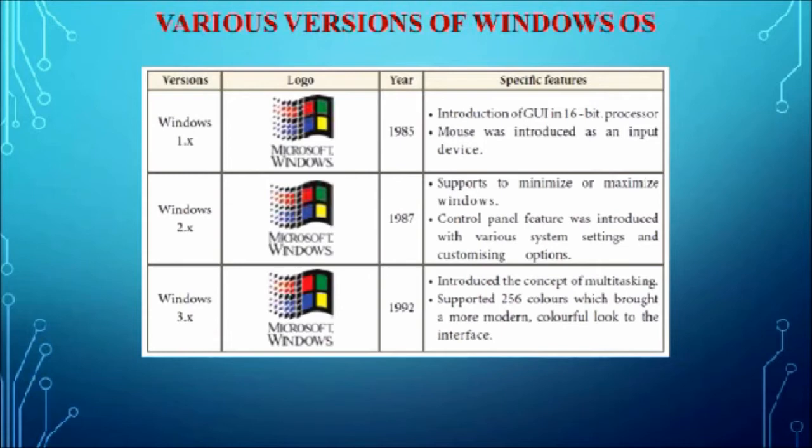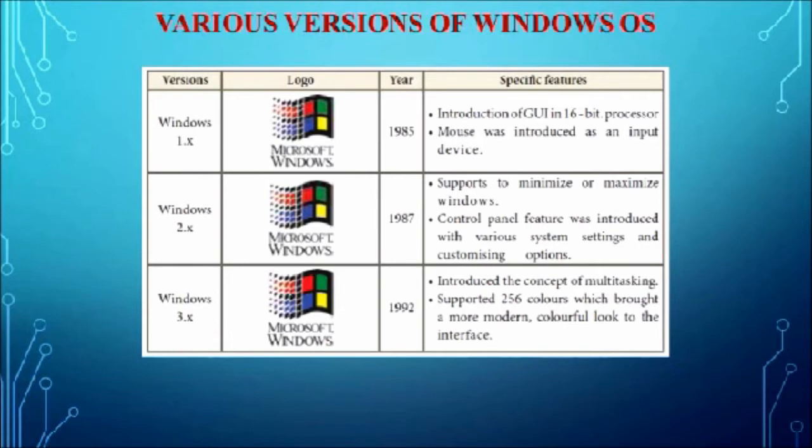The next version of Windows operating system is Windows 2.x. Here in this version there was a little upgradation of the previous version. It was introduced in the year 1987. The specific feature of Windows 2.x is that it supports minimizing or maximizing the windows.